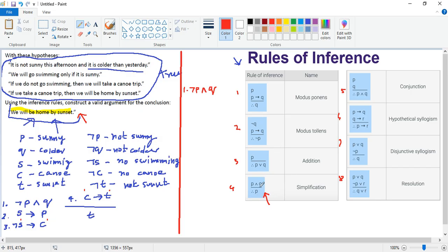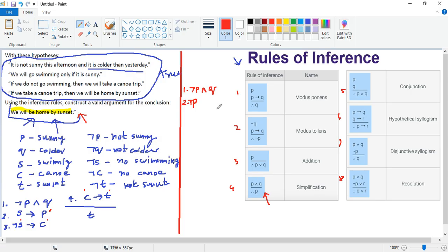So that's called simplification. So here I need not P, so I'm going to conclude that not P is true. The reason is simplification, right?